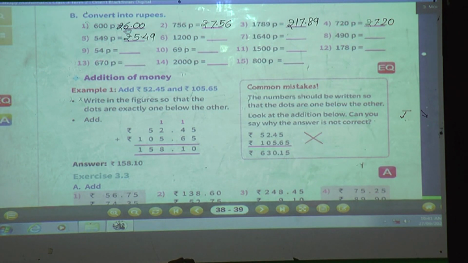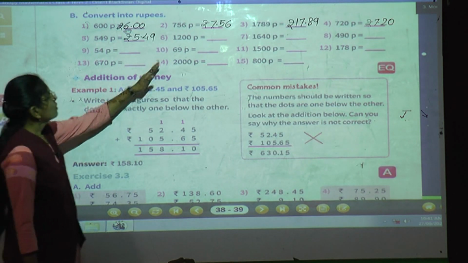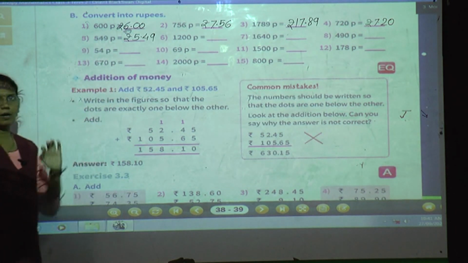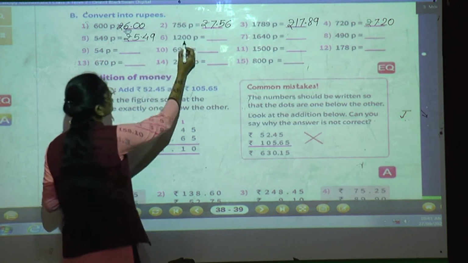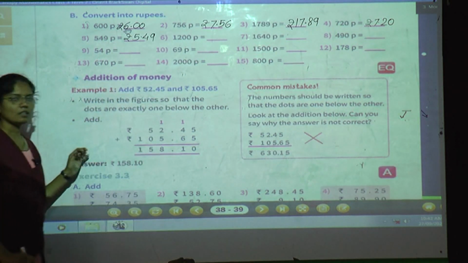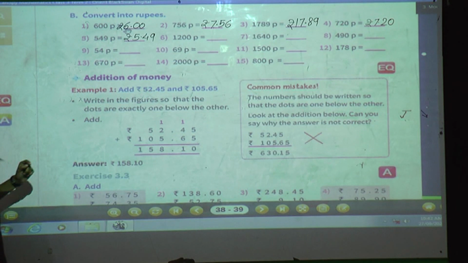Now see the sixth example. Read the value: 1200 paise. Here, like the first one, we have to do it. In this example there are 2 zeros, so we just have to remove the 2 zeros.